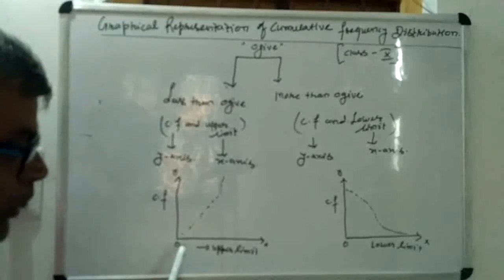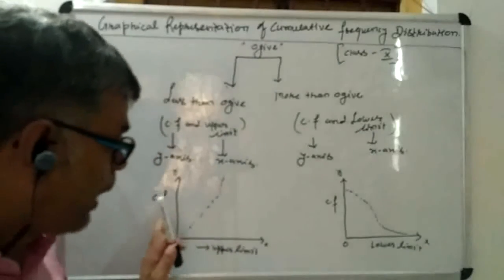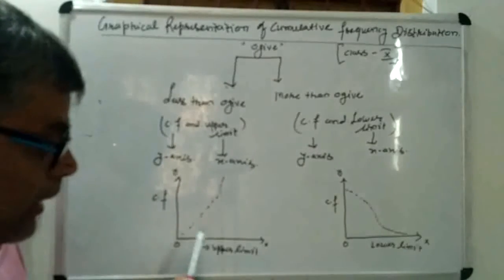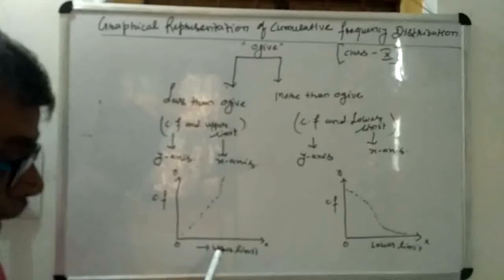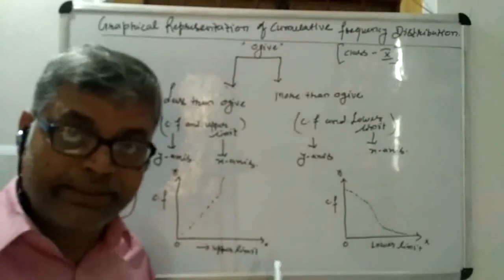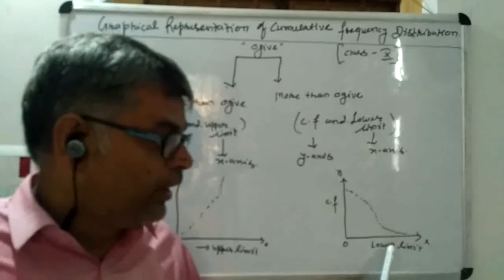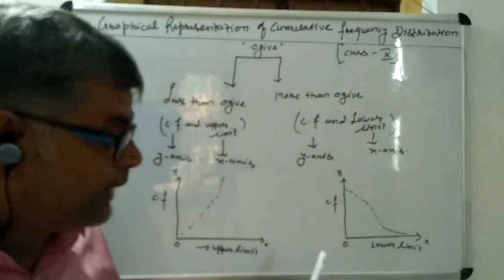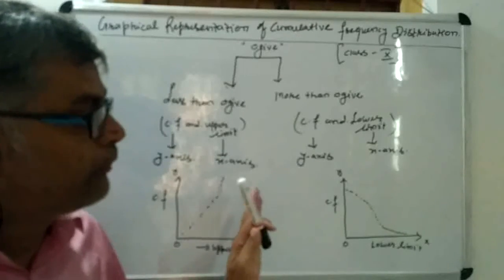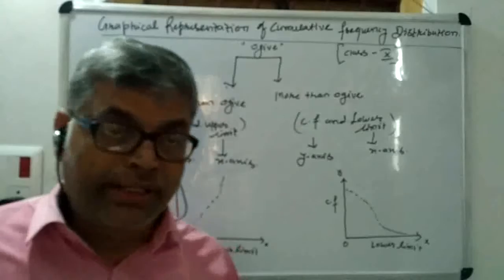An ogive is always drawn by taking cumulative frequency on the y-axis. In the case of less than ogive, we take the upper limit on the x-axis, and in the case of more than ogive, we take the lower limit on the x-axis, and cumulative frequency remains on the y-axis.